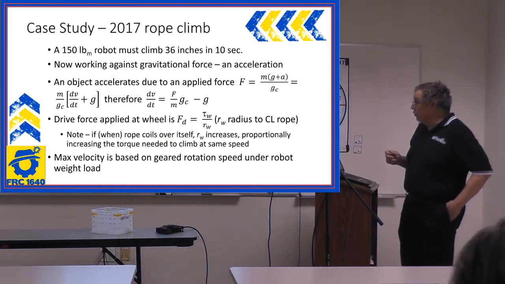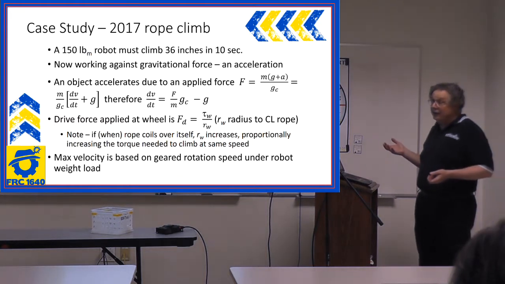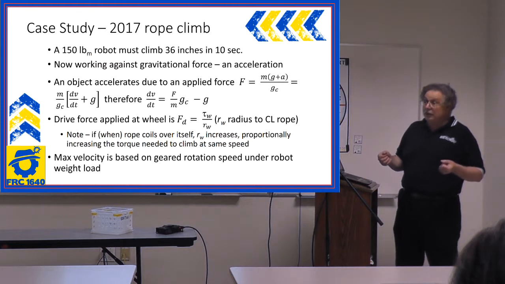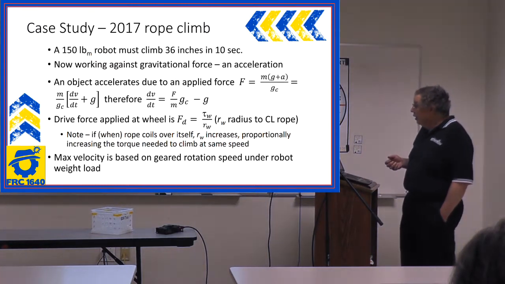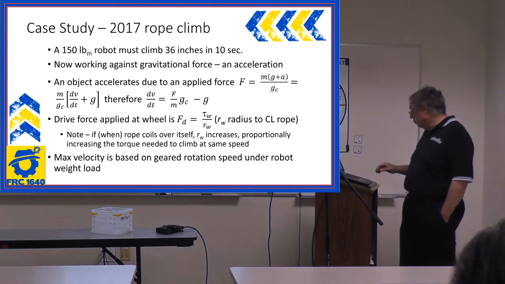A note: if the rope coils over itself, R sub W gets bigger as it wraps around itself, and you'll see that you need more torque to climb. If that happens, your motor starts working harder. Maximum velocity is based on geared rotation with the speed under robot weight.